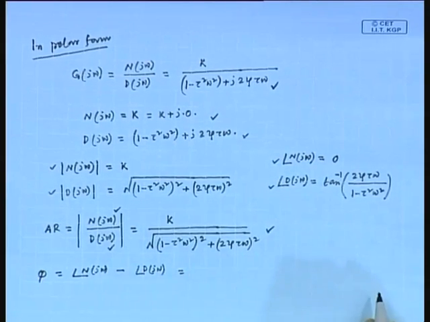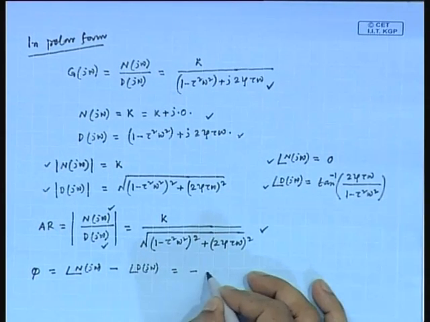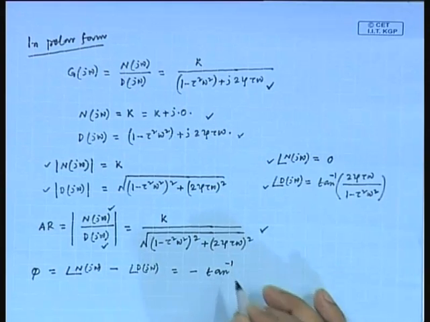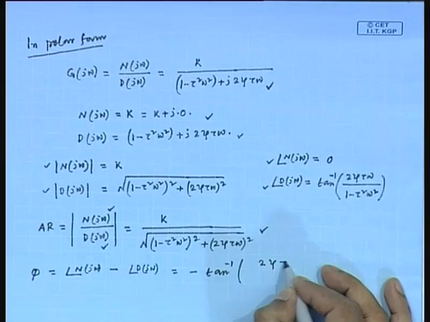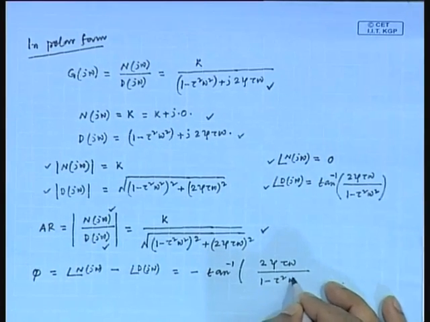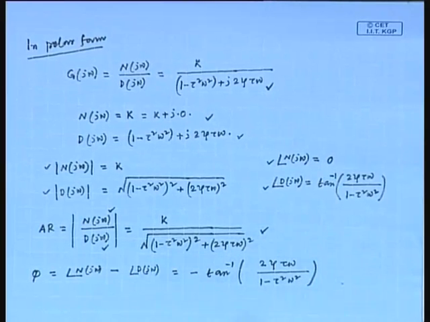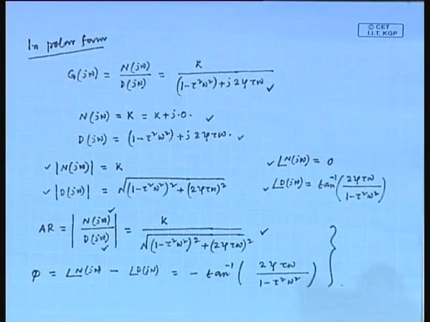If we substitute the individual argument, then we obtain minus tan inverse of 2 zeta tau omega divided by 1 minus tau square omega square. Fine. So, these are the two expressions for amplitude ratio and phi. The similar expressions we obtained representing the frequency response transfer function in Cartesian form.